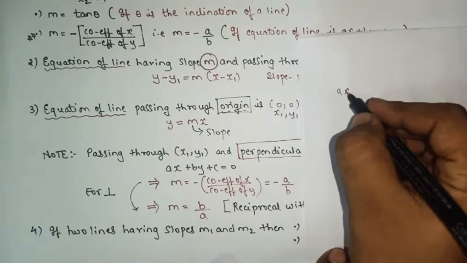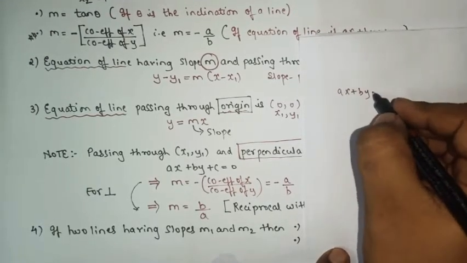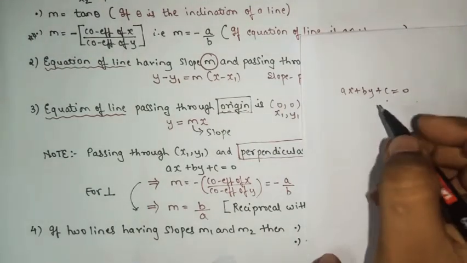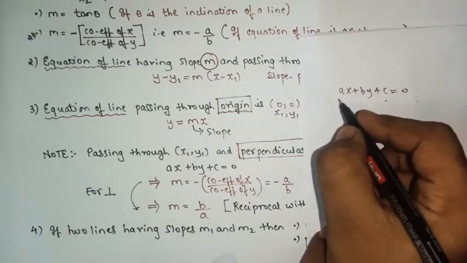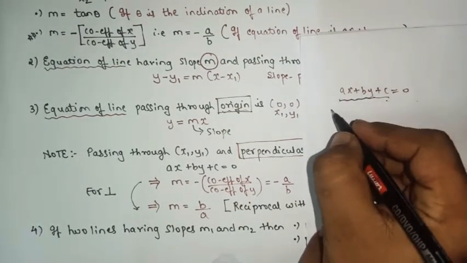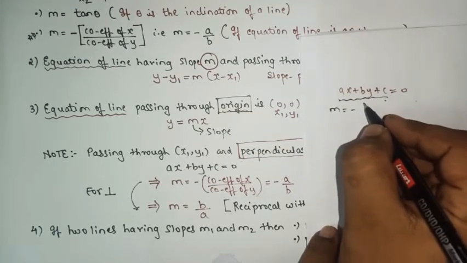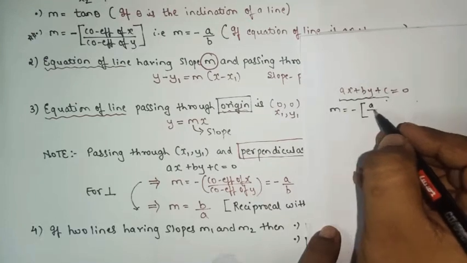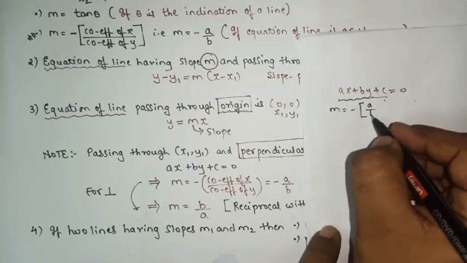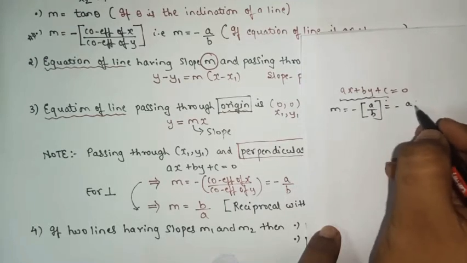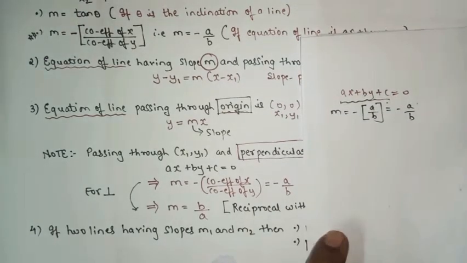First you will find the slope of the given equation. So m will be equal to what? Minus coefficient of x, yes or no, upon coefficient of y, sorry, it is b. So here you will get minus a upon b as the answer.